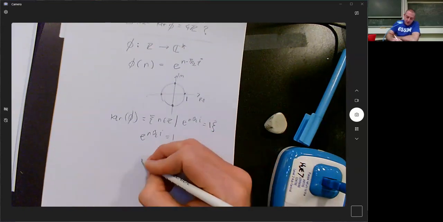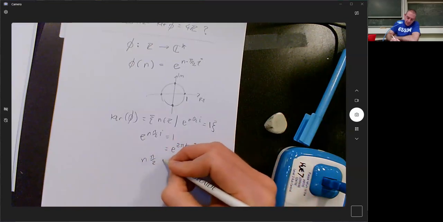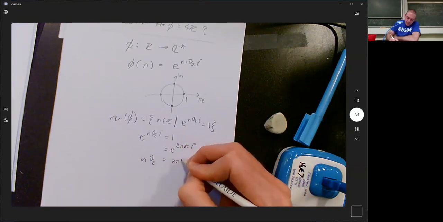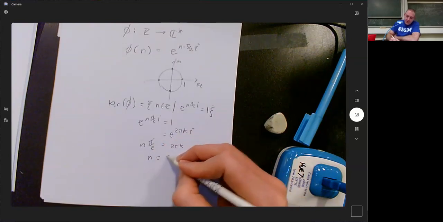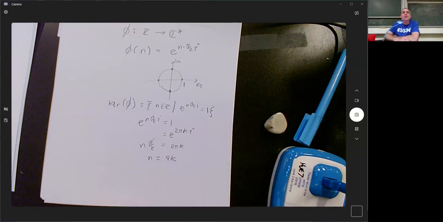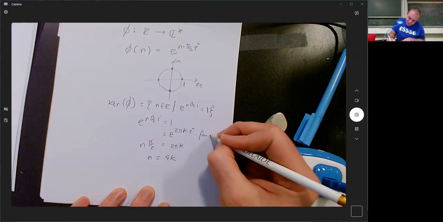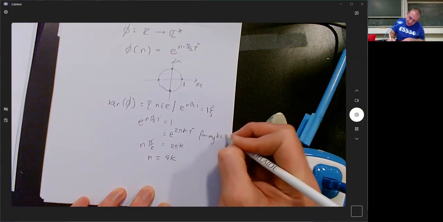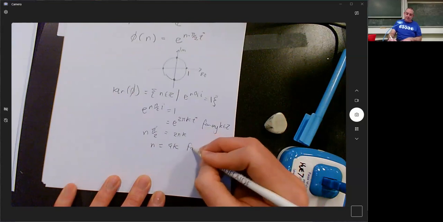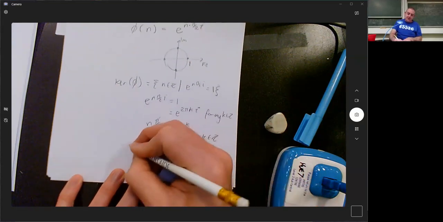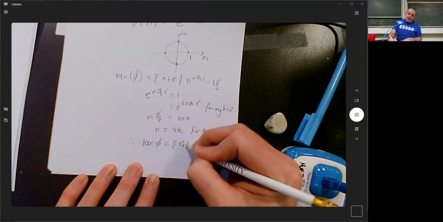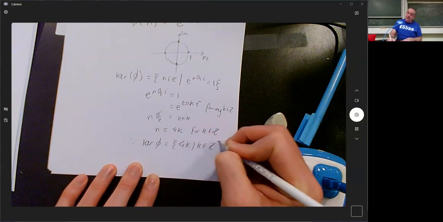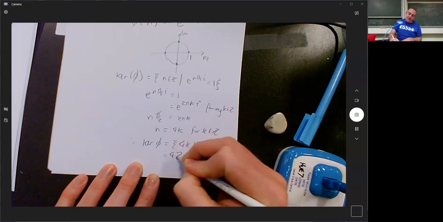And so n would have to be 4 times something, for any k in Z. And so therefore the kernel of phi is the set of numbers that are 4k for k in Z, which is what 4Z is.